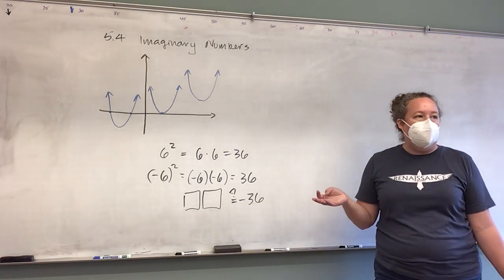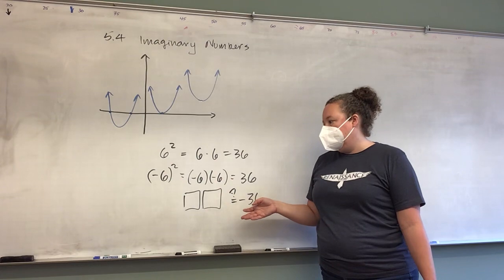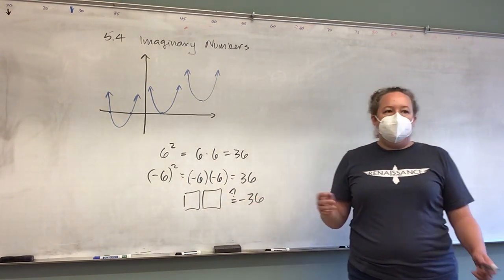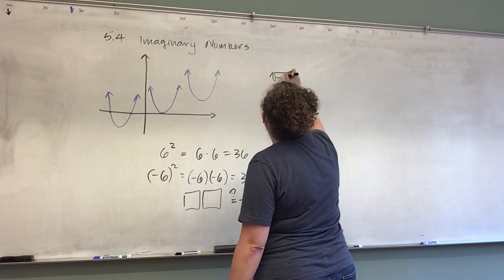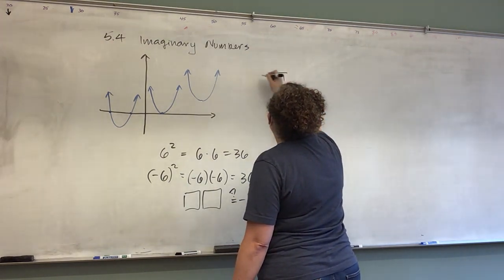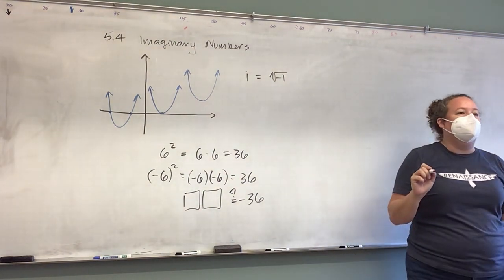So this is why we have imaginary numbers. All imaginary numbers include the square root of negative 1, which we label i.